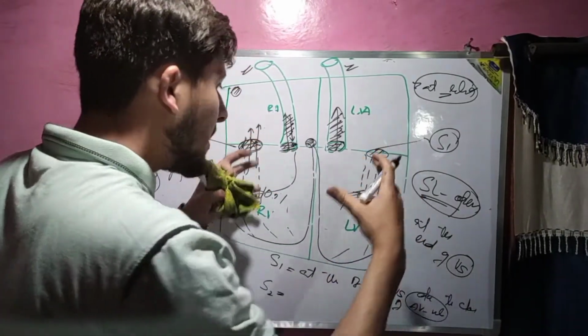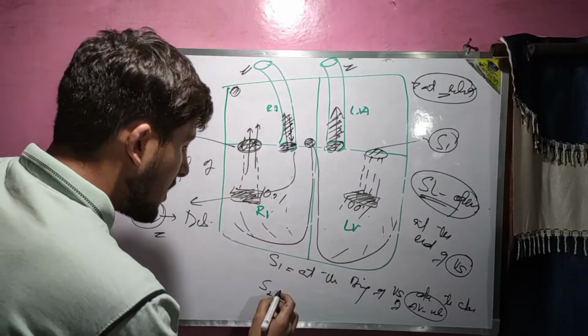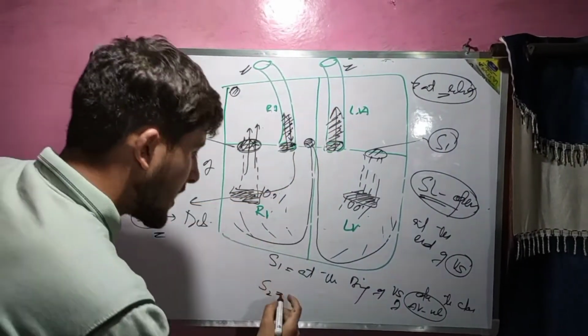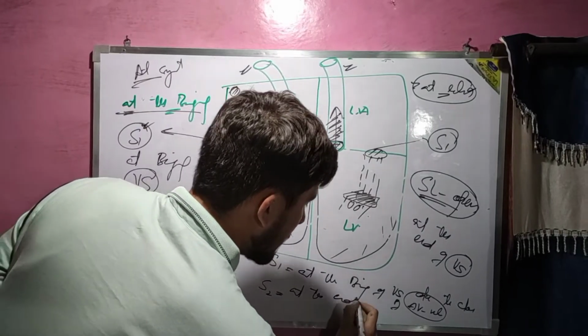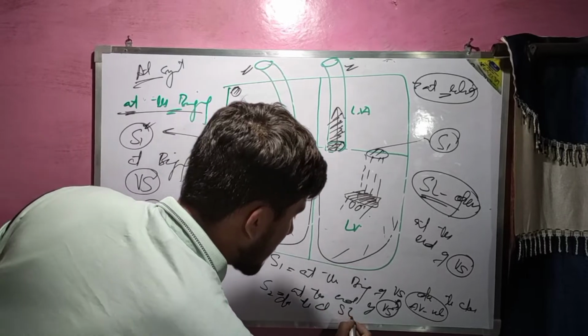As soon as the ventricles stop contracting, at the end of ventricular systole the semilunar valves will close, due to the closure of SL valves.